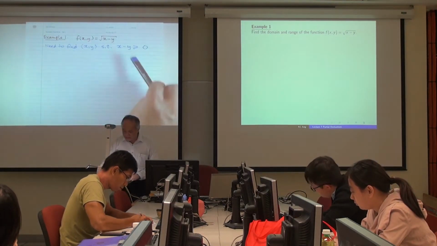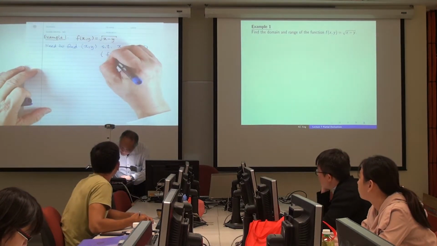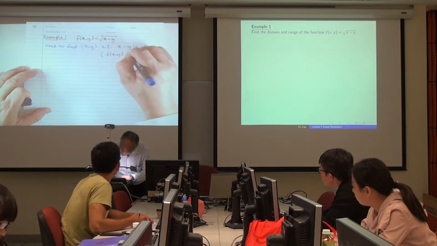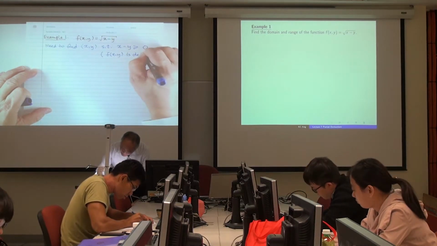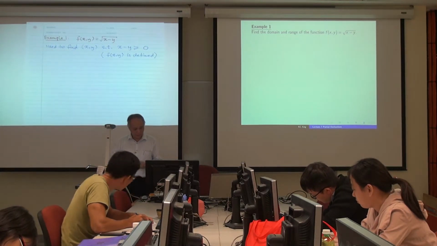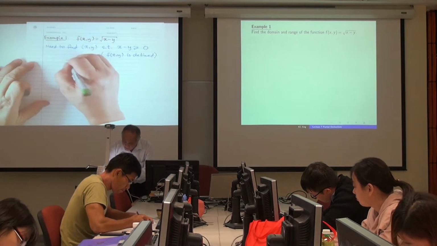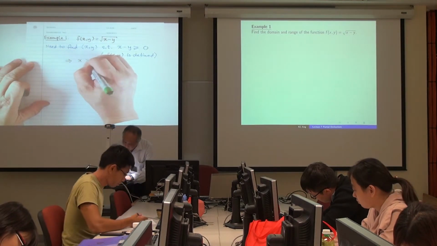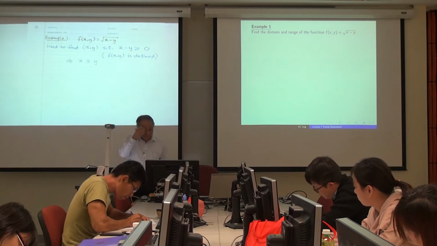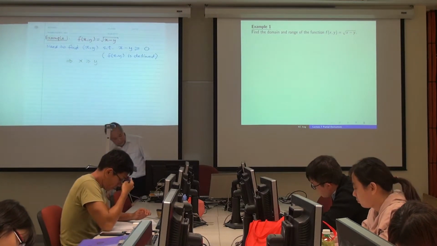As long as this holds, it also means that your f(x,y) is defined, it has some definite value. So it's quite obvious, this means that we need x bigger than or equal to y. That's all.